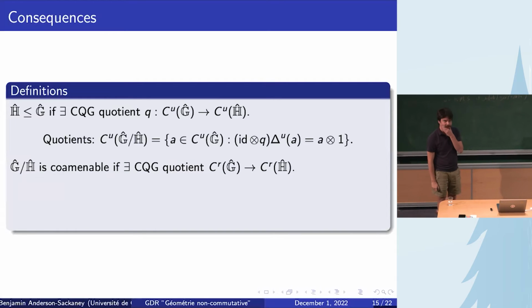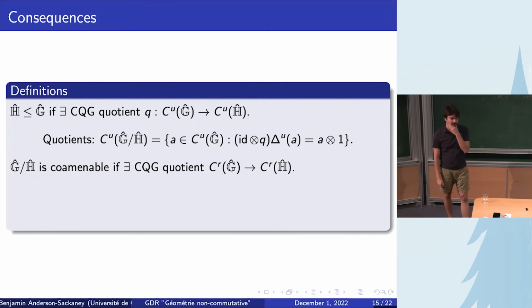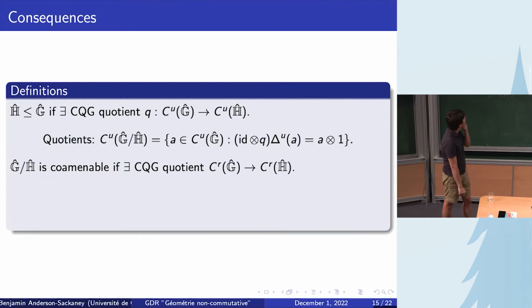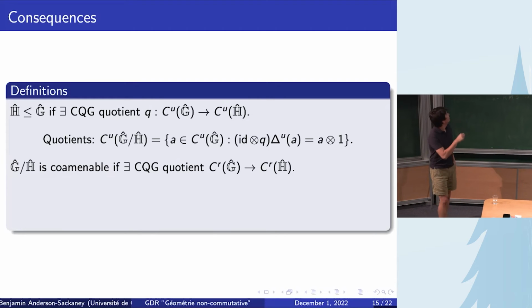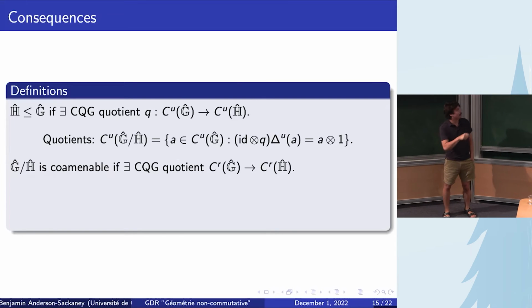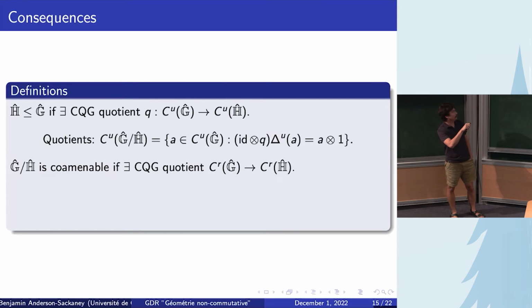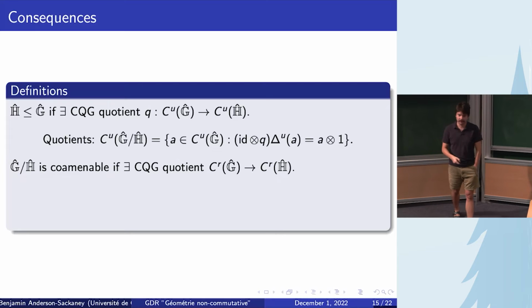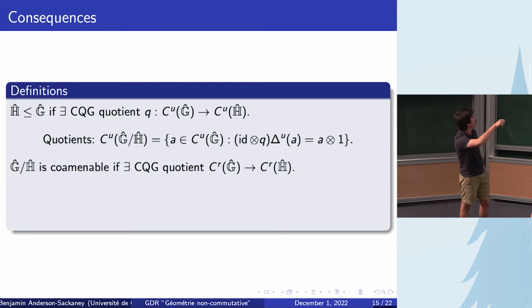All right, for my next thing I want to discuss a bit about quantum subgroups of compact quantum groups. Given two compact quantum groups H hat and G hat, we say that H hat is a quantum subgroup of G hat if we have a natural compact quantum group quotient map on their universal C-star algebras.